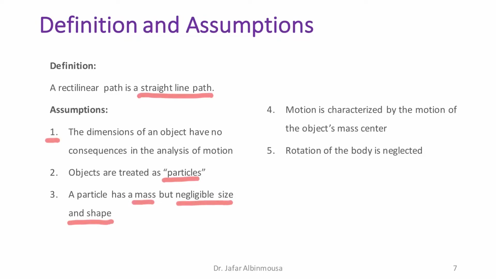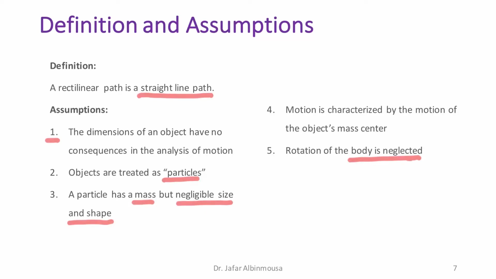Motion is characterized by the motion of the object's mass center, and the rotation of the body is neglected. The rotation here is basically the spin. So even for that particle, we don't assume that it will spin. These assumptions are very important, and I'm going to try to remind you about them as we move on.